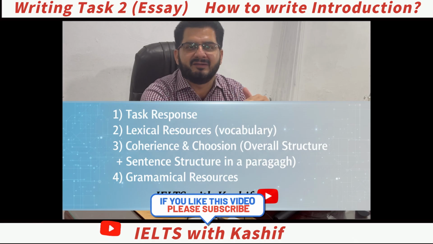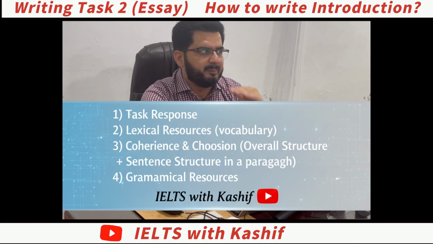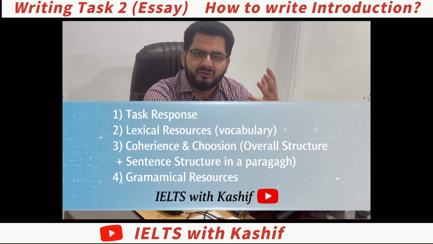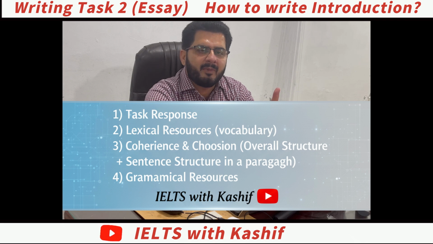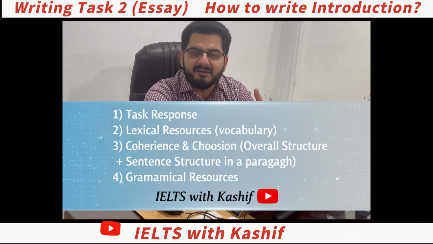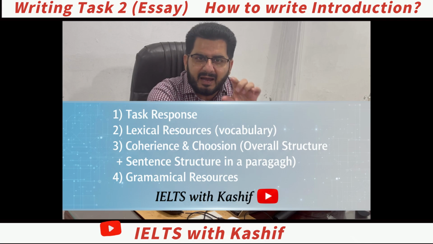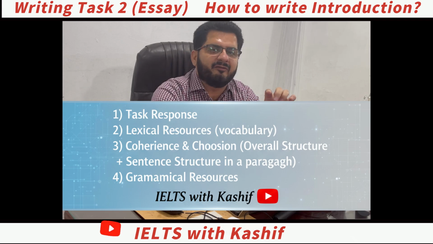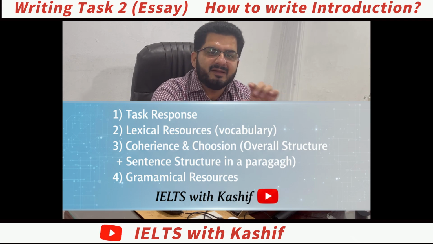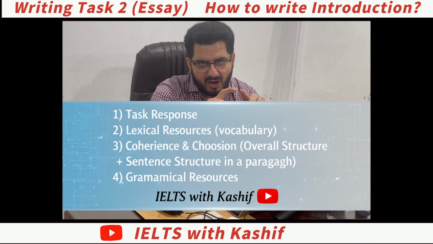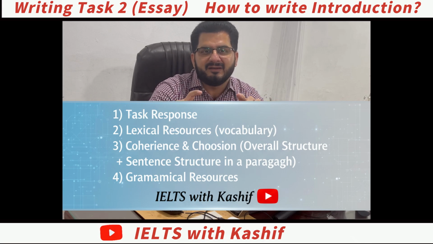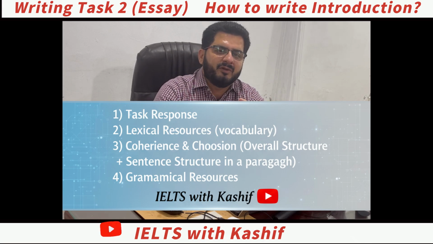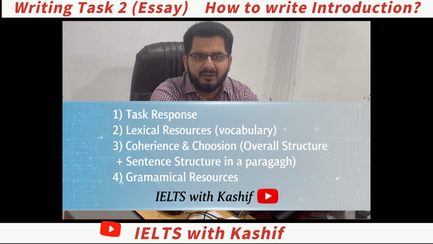This is coherence, the basic structure of your whole essay. And the second thing is cohesion. Cohesion is the link and connection of your paragraph, the sentences, how you have linked those sentences in one paragraph. So that is cohesion.